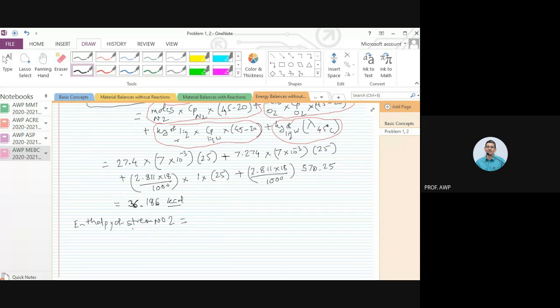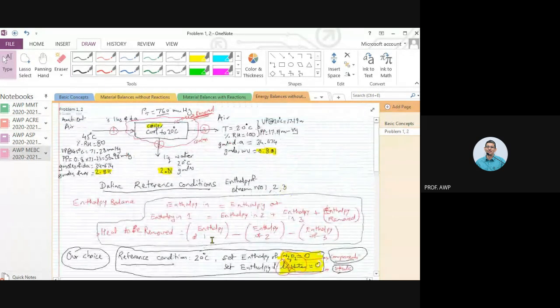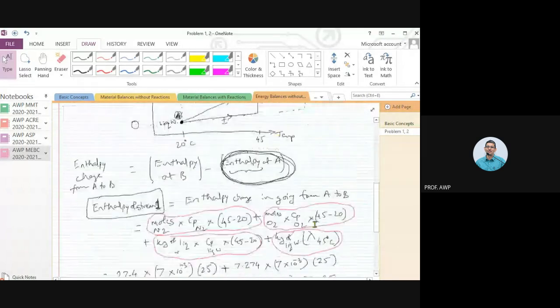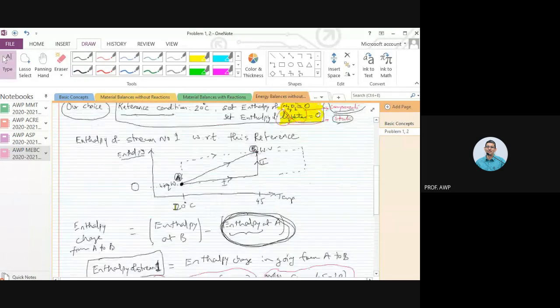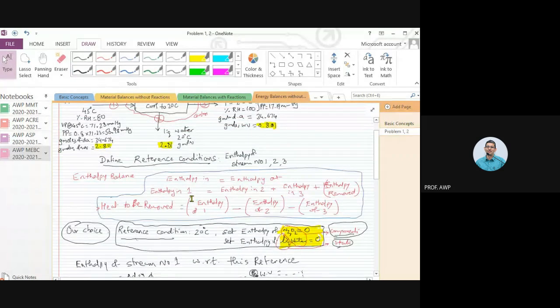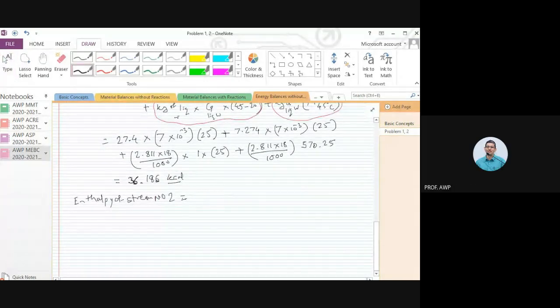Now let's work out enthalpy of stream number 2. What is there in stream number 2? 2.81 gram moles. Sorry, not 2.81, 2.01. Mayur, 2.01, right? Yeah. So what is the enthalpy of stream number 2? How do you calculate that?